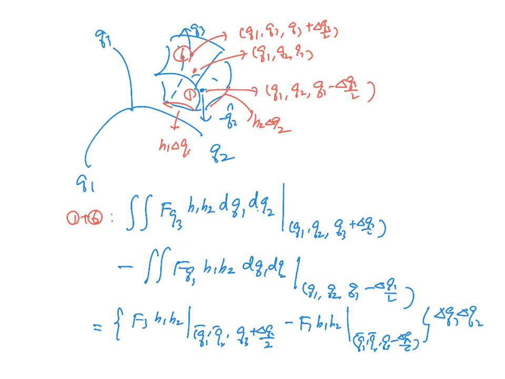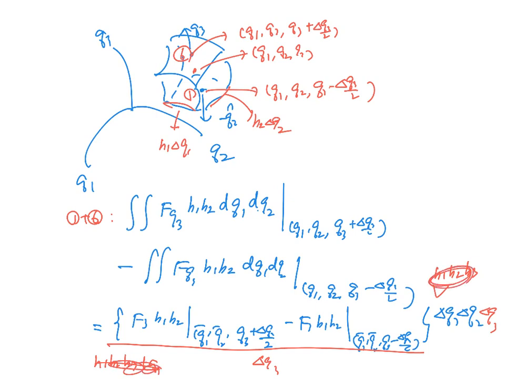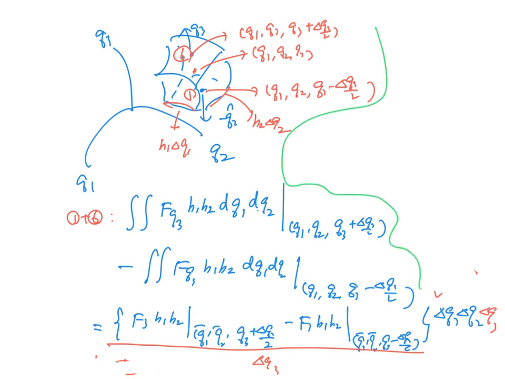So you actually start with dividing by delta Q3, right? And then you multiply by H1, H2, H3, and divide by H1, H2, H3 at Q1 bar, Q2 bar, Q3 bar. Maybe it is better to use the same page because it's going to confuse you.